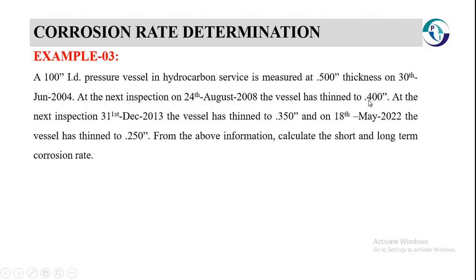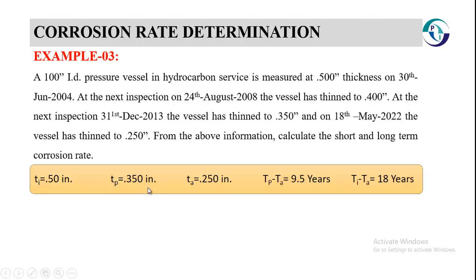This will not be our previous thickness. At the next inspection on 31st December 2013, the vessel has thinned to 0.350 inches, and this is our previous thickness. And on 18th May 2022, the vessel has thinned to 0.250 inches, and this is our actual thickness. From the above information, calculate the short and long-term corrosion rate.